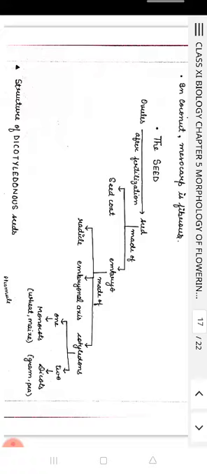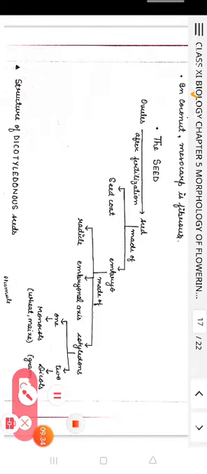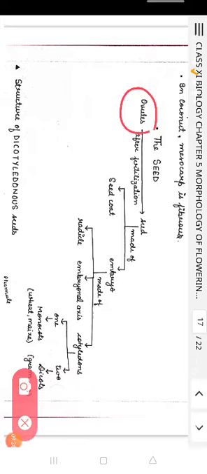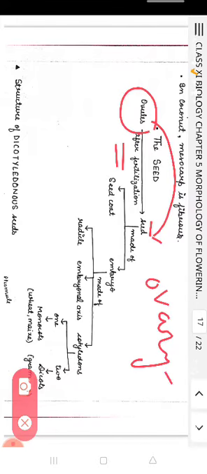Now, seed. How are seeds formed? The ovule converts into seed after fertilization. The main point is that the ovule converts into seed after fertilization, and the ovary converts into fruit.